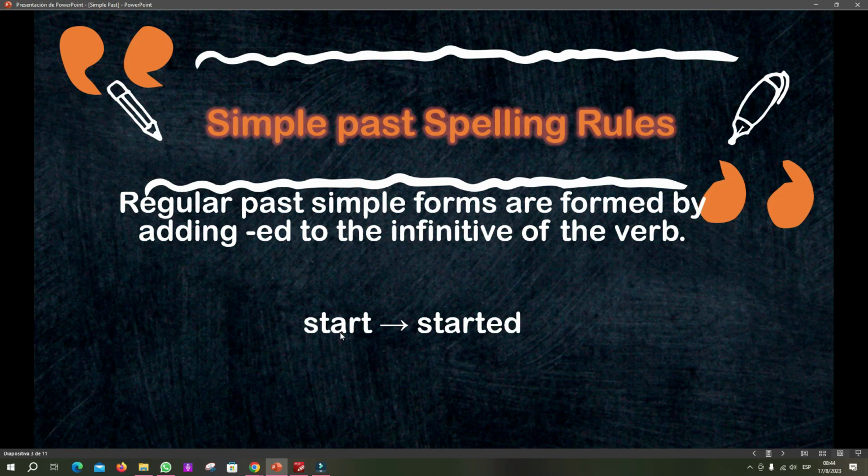Start, present, or the base form of the verb, and in past, you're going to have ed. Start, started, right? Or we can say kill, simple present, or the base form, and we're going to add ed in the past. So kill, killed, right?